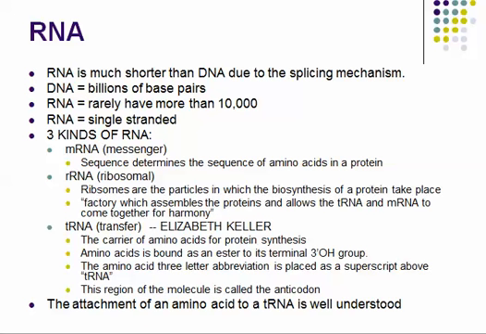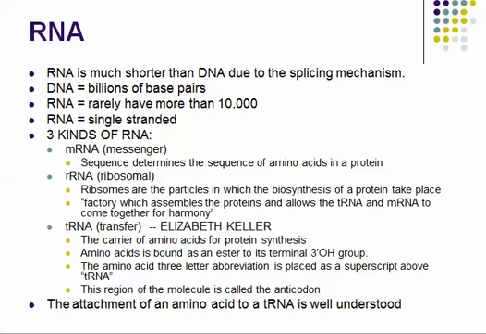Our DNA, we said, has billions of base pairs. RNA, well, it rarely has more than 10,000. So we said that 2% of DNA is actually important, and that 2% is typically what's being copied into the RNA molecule itself.